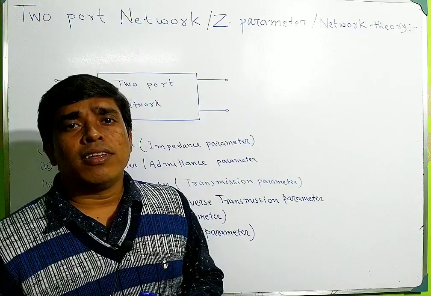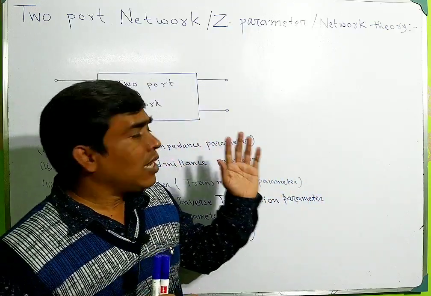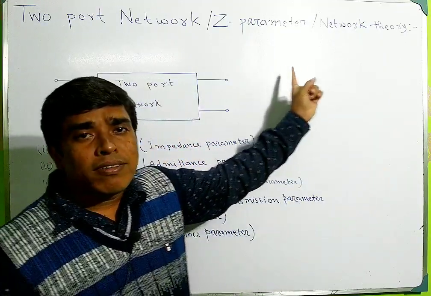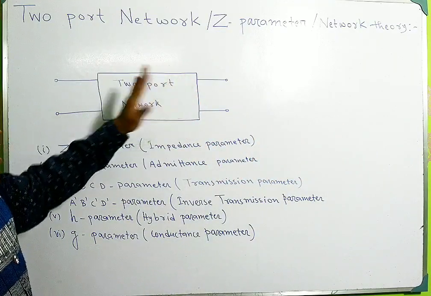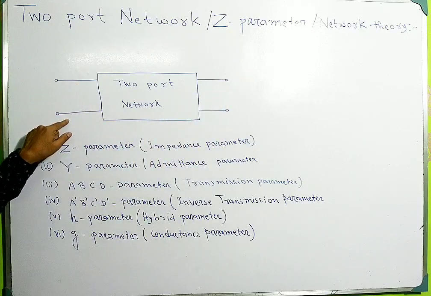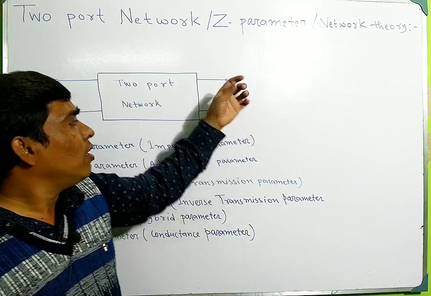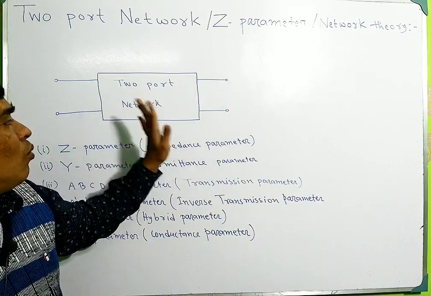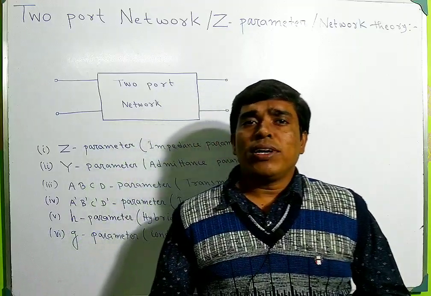For this case, we take the complete complex circuit as a black box with two ports. These two terminals constitute a port and these two terminals constitute a port. This is called a two-port network. Now, what is the two-port network?